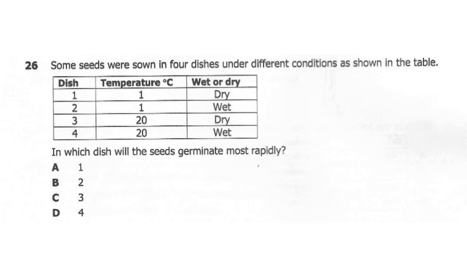Dish 3, 20 degrees Celsius, dry. Dish 4, 20 degrees Celsius, wet. In which dish would the seeds germinate most rapidly? Is it A, dish 1, B, dish 2, C, dish 3, D, dish 4? You can leave your answer in the comment section.